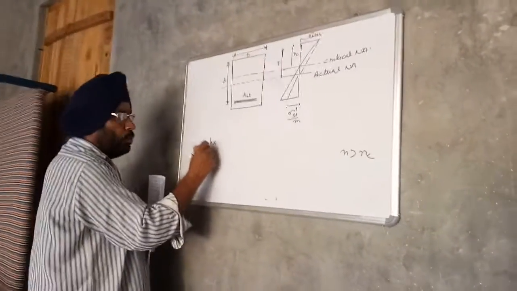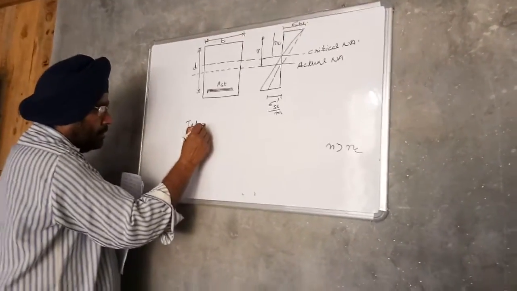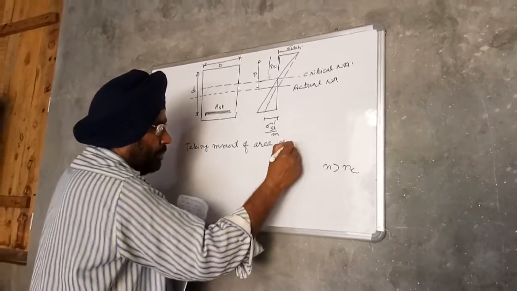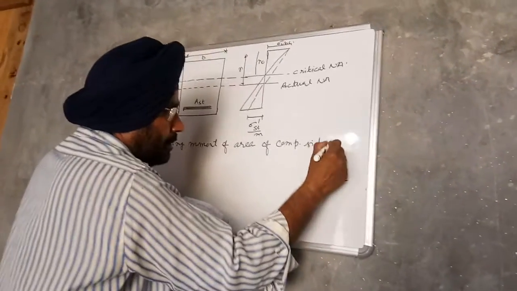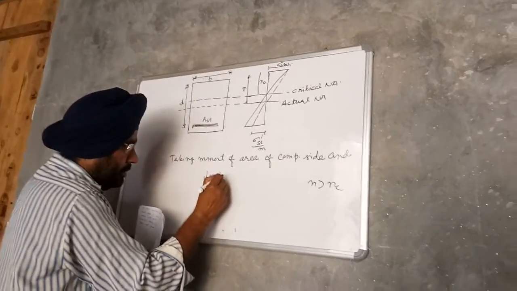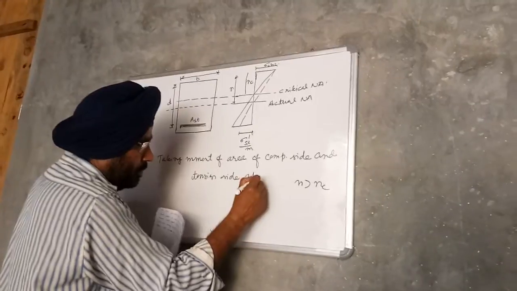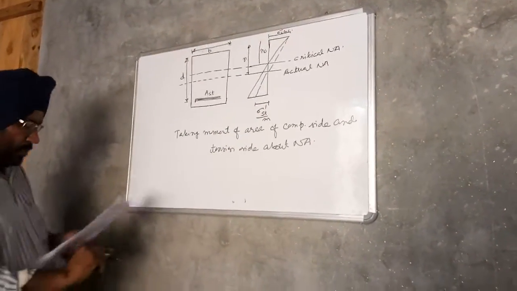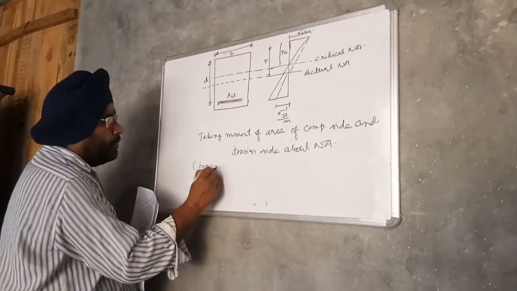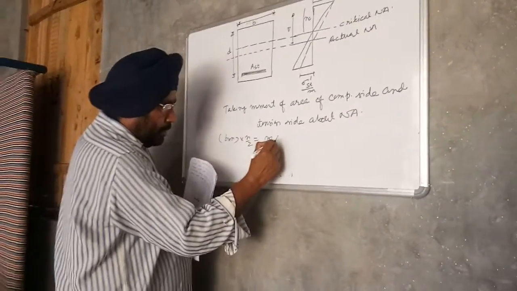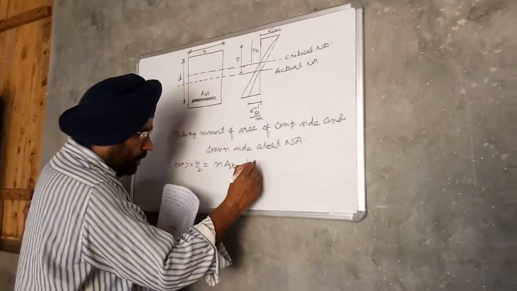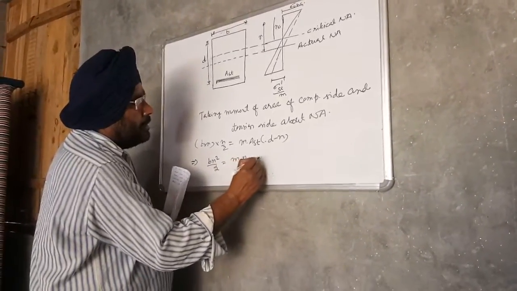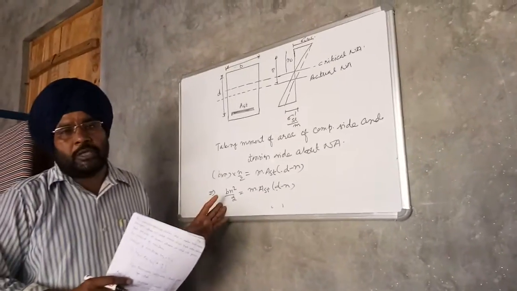So by taking moment of area of compression side and tension side about the neutral axis, b into N into N by 2 is equal to m into AST, the equivalent area of the concrete, into d minus N. So it means b N square by 2 is equal to m AST into d minus N. So this is a quadratic equation in N having two values.